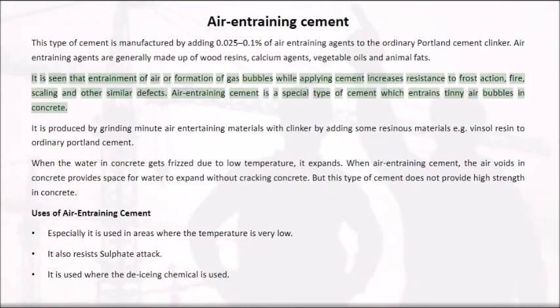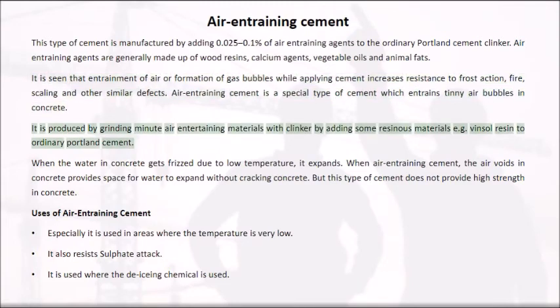Air entraining cement is a special type of cement which entrains tiny air bubbles in concrete. It is produced by grinding minute air entraining materials with clinker by adding some resinous materials, e.g. Vinsol resin, to ordinary Portland cement.